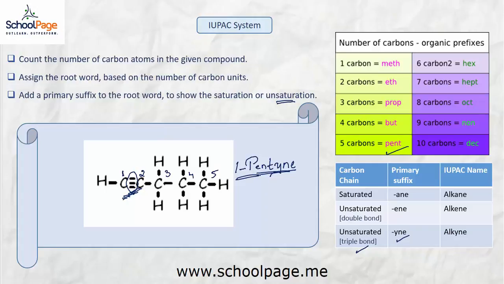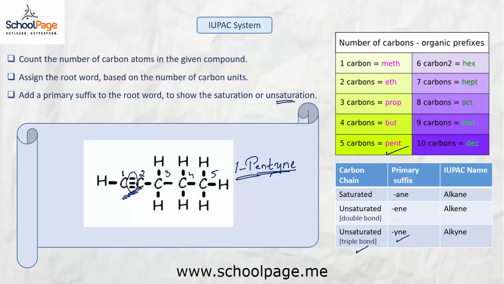So the carbon compound is 1-pentyne. It is very easy to either write the name from the compound structure or to write the structure of the compound when the name of the compound is given, and this is universal. If you go to any part of the globe, the structure and the compound remain the same along with the name.